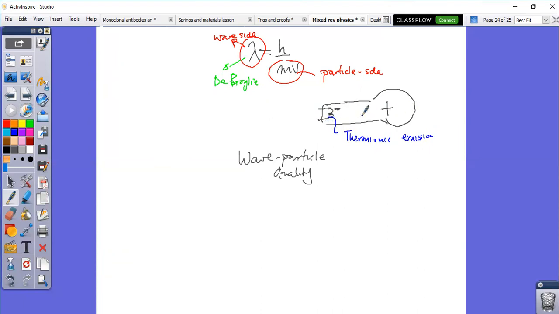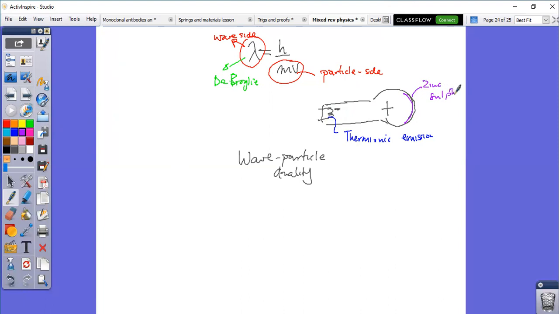Anyway, aside from that, these electrons are then accelerated through this potential difference, because of course that's positive. And you have at the end here a zinc sulfide screen.